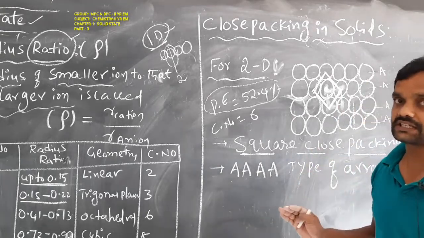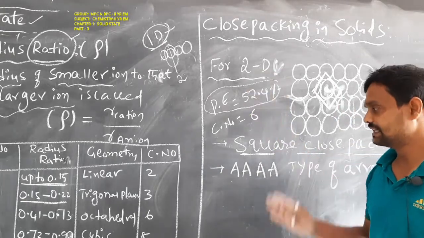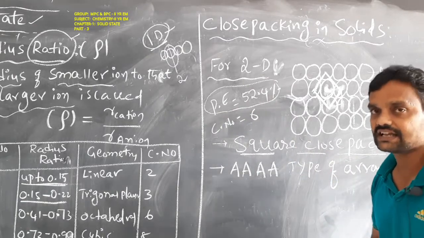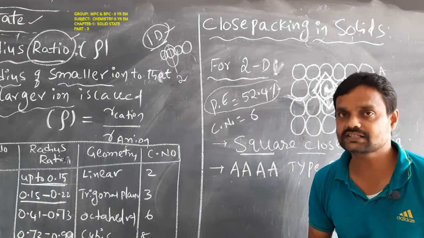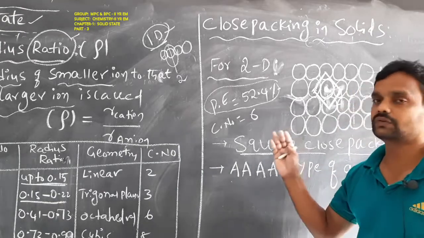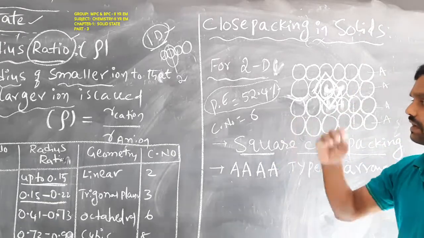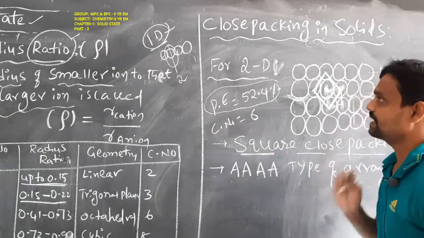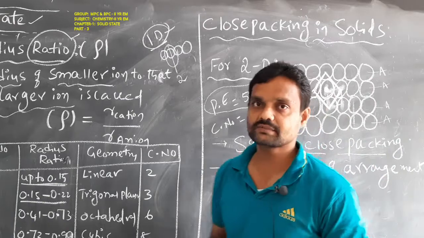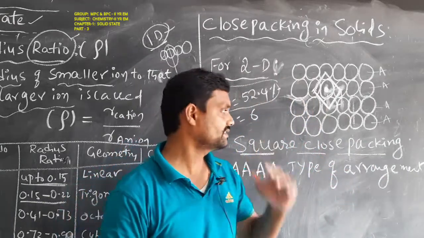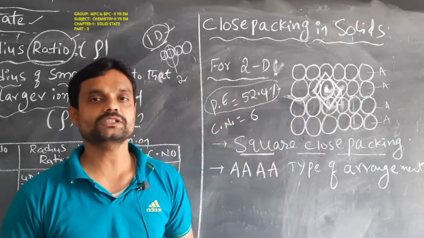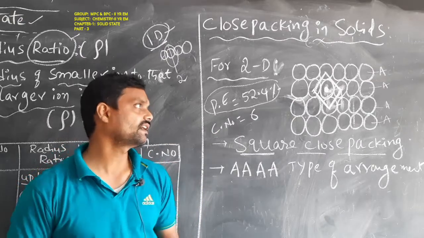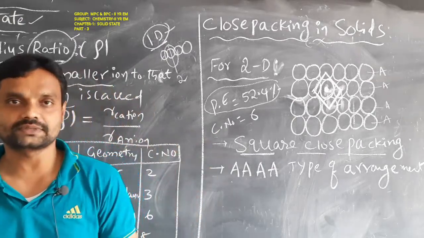So in two dimensions, for the square close packing arrangement of atoms in a solid, the packing efficiency is 52.4%, and the coordination number of the atom is 4. So this is the close packing for two dimensions. Here we took the example of square close packing arrangement in two dimensions.